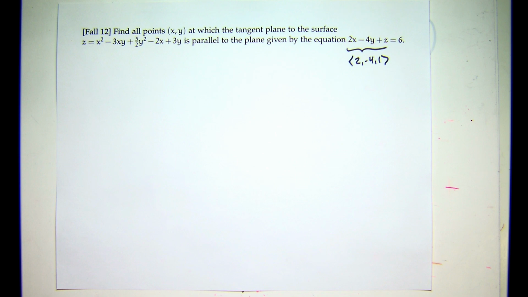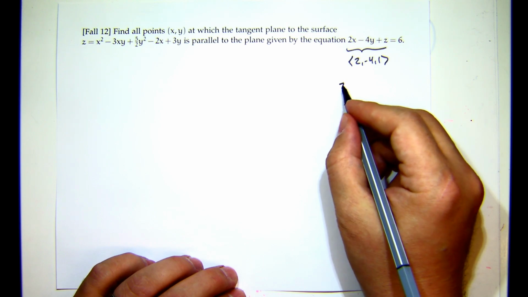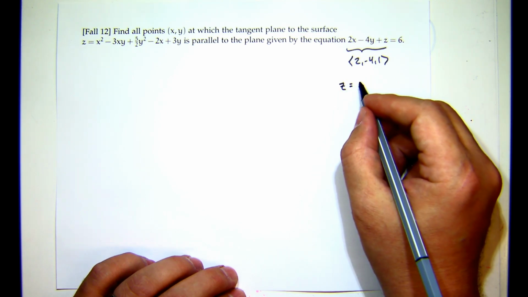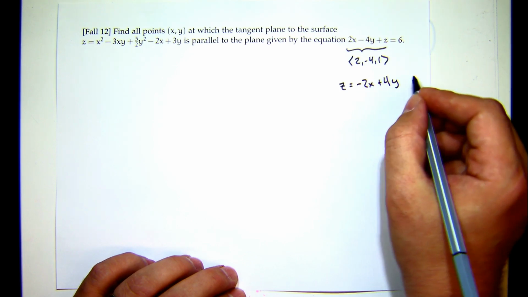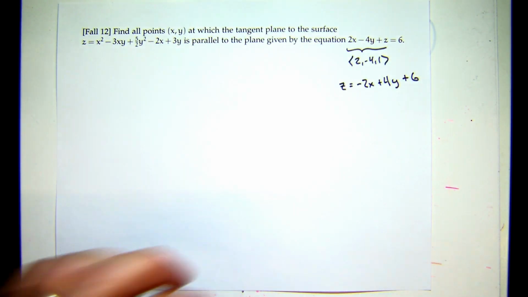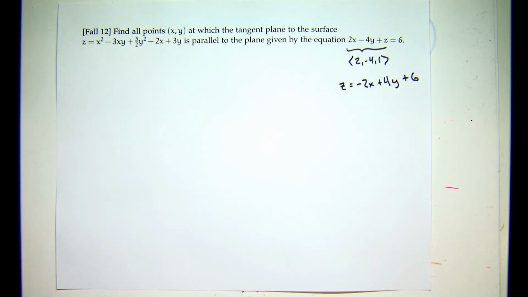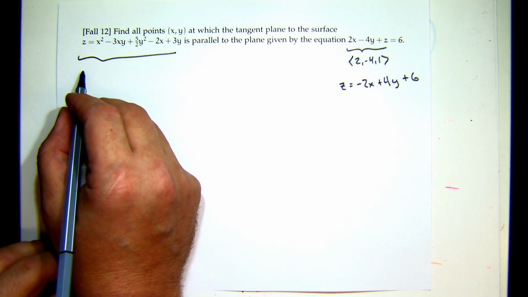Another way I can think about this is to say, well, look, this really says z is equal to minus 2x plus 4y plus 6, to rearrange it. And if I come over here, what do I have? Well, I have that a tangent plane looks like what?